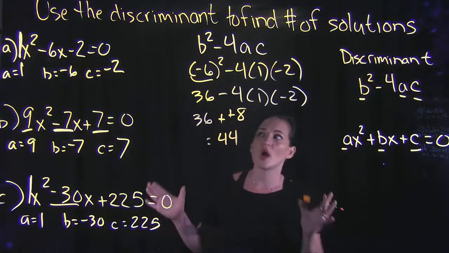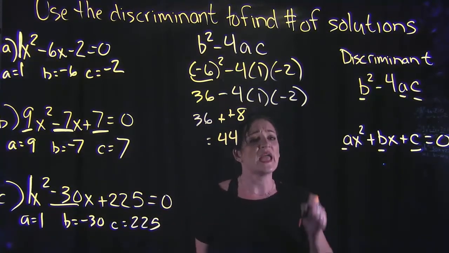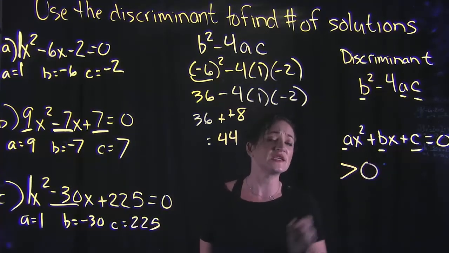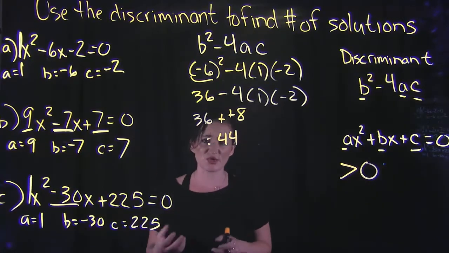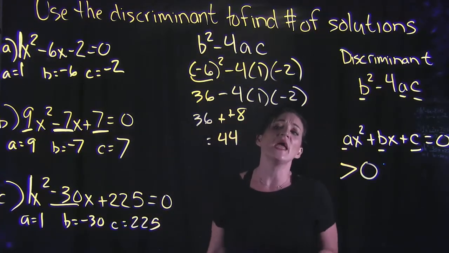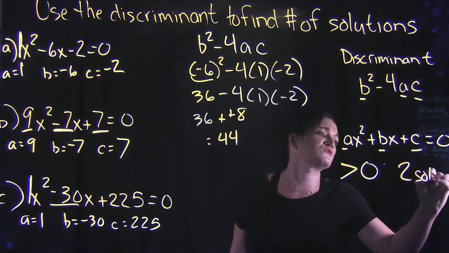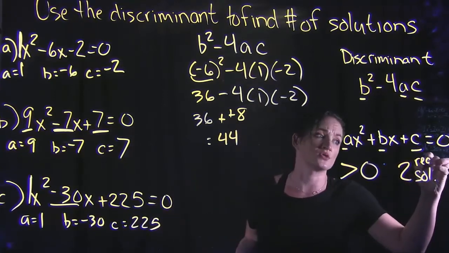Now, this is how you're able to tell how many solutions you have. So this is the rule. If your answer is greater than 0, so it can't be 0, but anything bigger than 0, 1 on up to infinity, you will have 2 solutions, plain and simple, 2 real solutions.